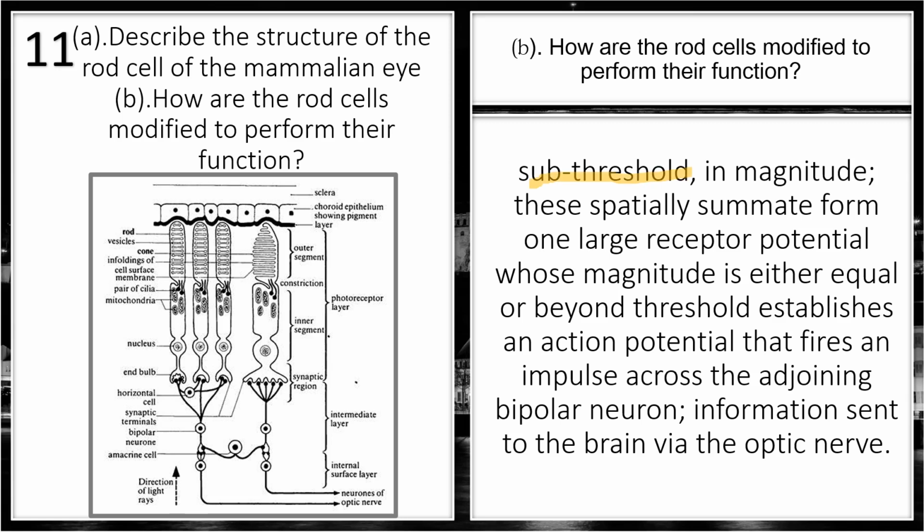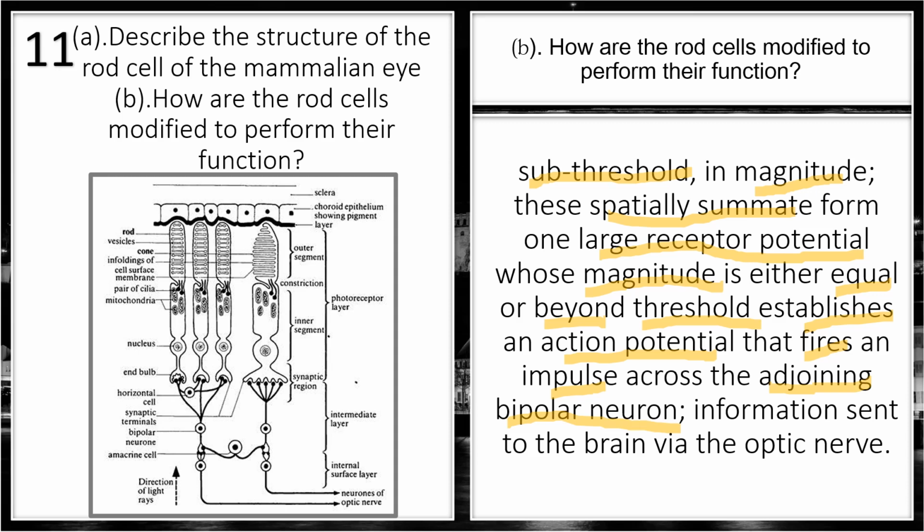Sub-threshold in magnitude, these spatially summate to form one large receptor potential, whose magnitude is either equal to or beyond the threshold, which establishes an action potential that fires an impulse across the adjoining bipolar neuron.